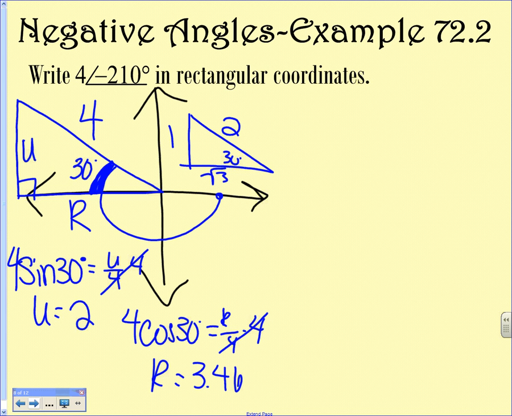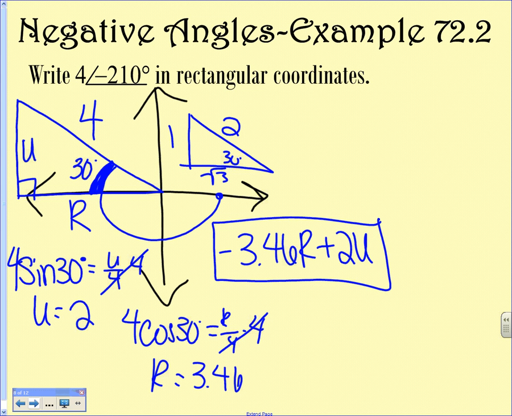All right, so any questions on the R and the U? Okay, how do we write our final answer? And that's your answer, because it's in rectangular coordinates. Do y'all see how that works?